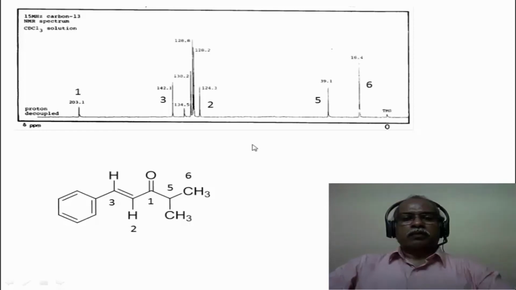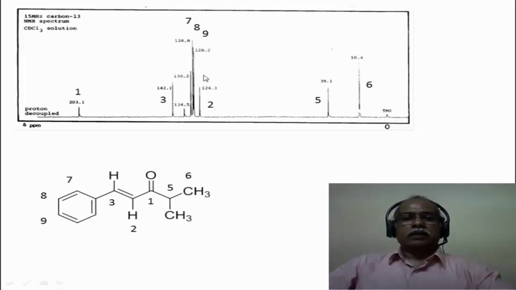Then comes the CH carbon of the isopropyl, which is coming around 39.1, and the CH3 carbons of the isopropyl group, which is coming around 16.4 or so. The aromatic carbons 7 and 8 are essentially unresolved here, so we don't know which one is which, but we are sure that this is because of the aromatic.